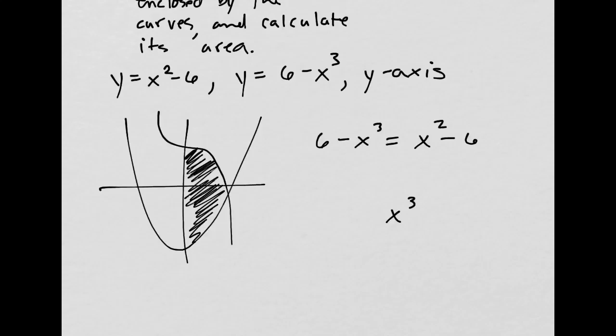This is not going to be nice. Is it like 2? 2 something? Well, let's see. I'll move the x cubed over. I will subtract the 6 over. So I have plus x squared minus.